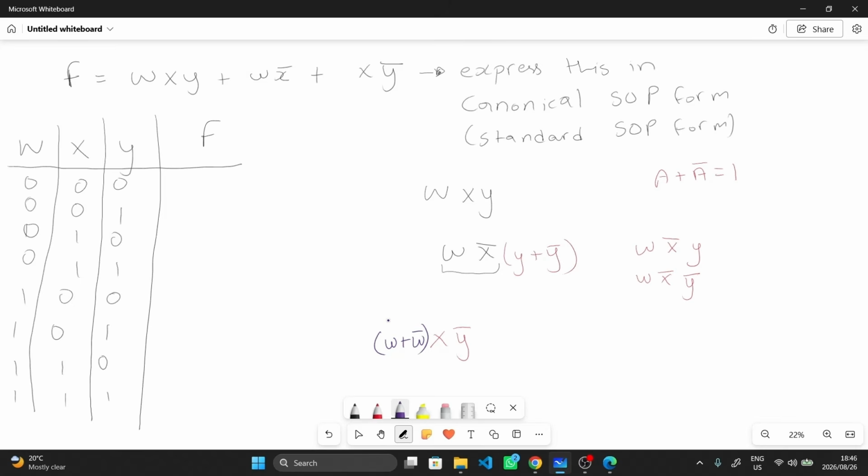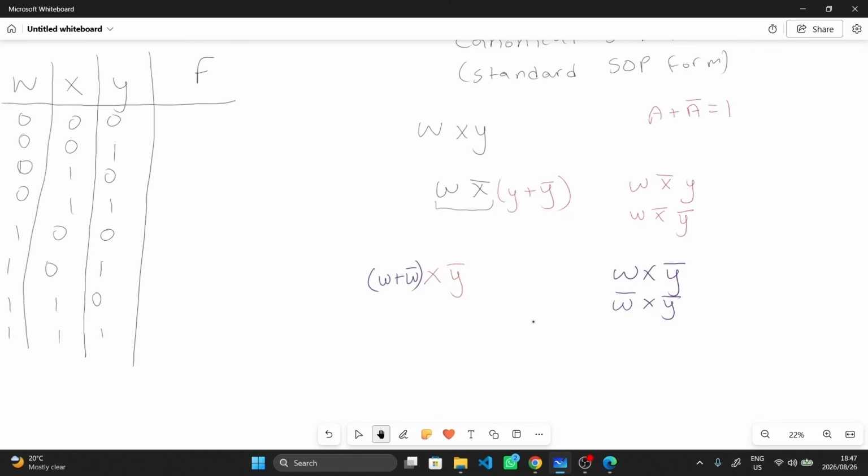So this will be w x y complement, and then w complement x y complement. So by using this, we got our standard form.